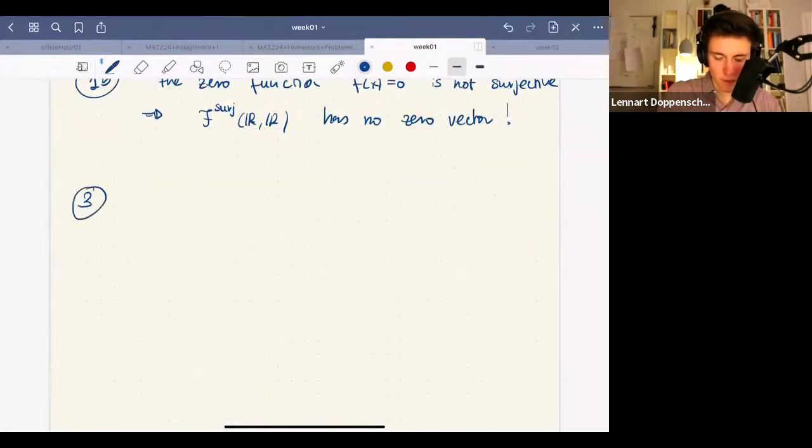So there's many ways in which we can solve this. I don't know if you wanted to do this geometrically or algebraically, but let me just do this algebraically.